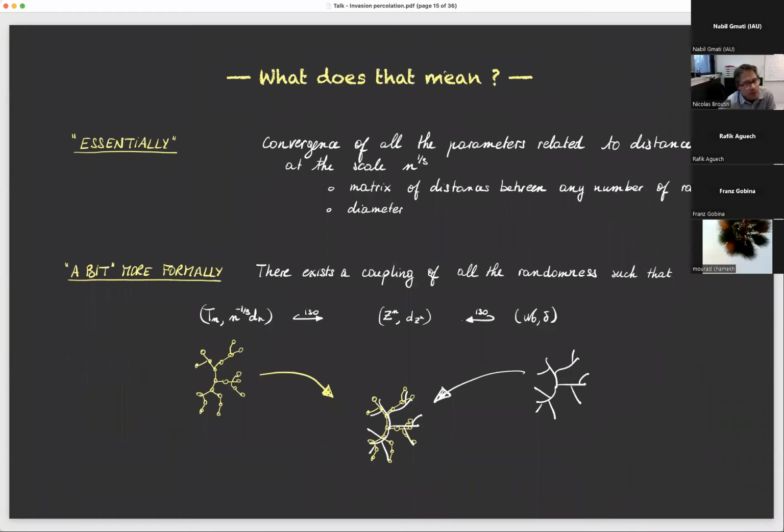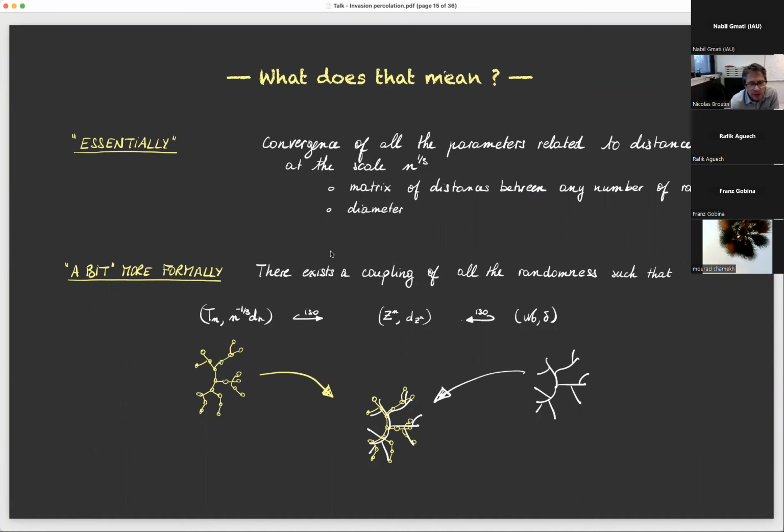If you look at all the first order parameters, the distances happen at the scale n to the 1/3, and they converge in the sense that if you look at the matrix of pairwise distances between any fixed number of random points, the distribution of this matrix will converge. The diameter will converge, and so on.